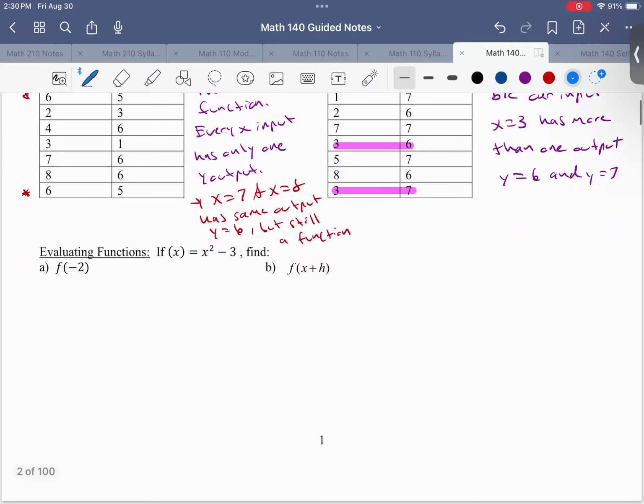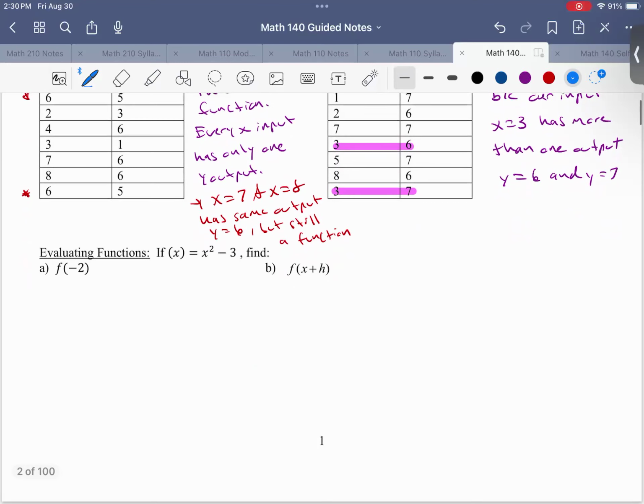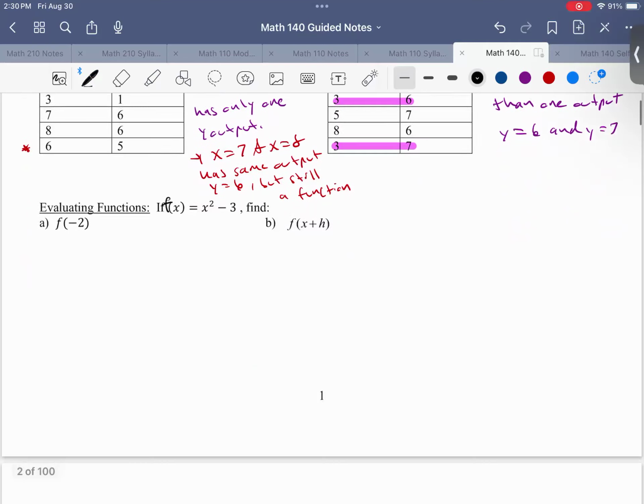Evaluating functions: if we have a function f of x, if f of x equals x squared minus 3, we want to evaluate it at -2 and x plus h. What evaluate means is that I'm going to plug in x equals -2 to every single x that's in this function.